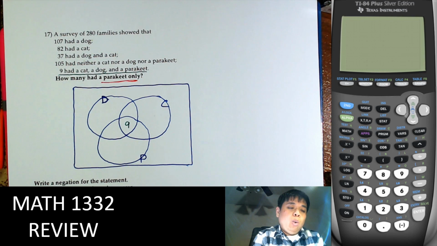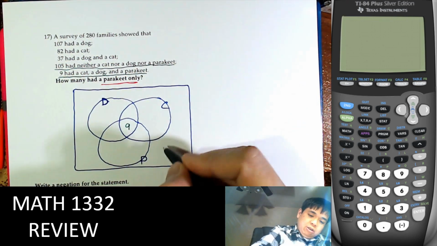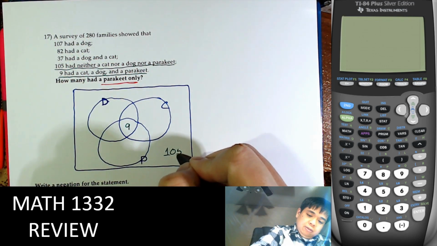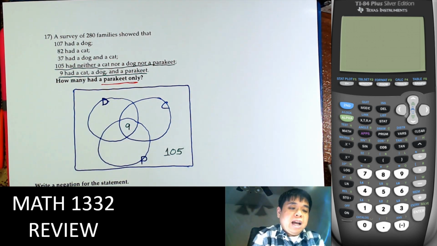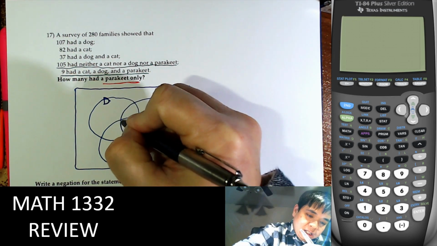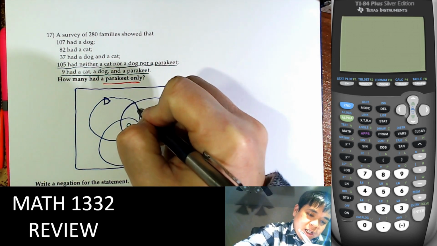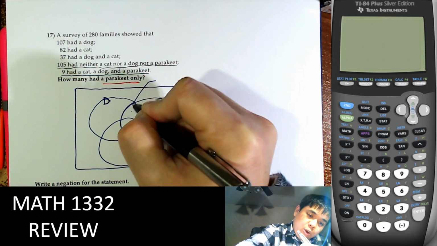And then we say 105 had neither a cat, a dog, or a parakeet. So we know 105 is going to be outside. Next, 37 had a dog and a cat. So we know a dog and a cat is this. The total is 37, so we have to subtract the 9 to get to this portion here.